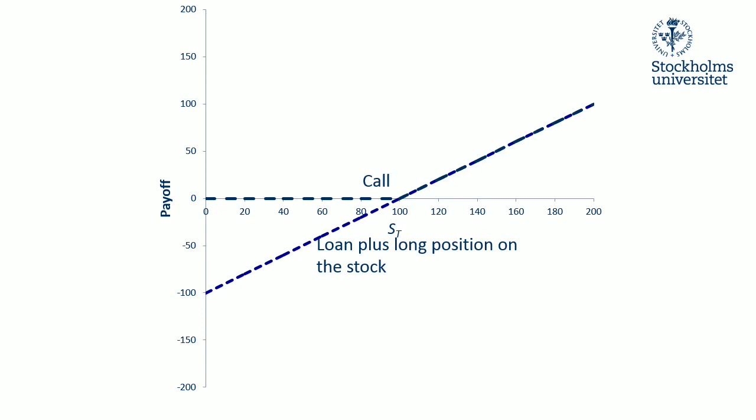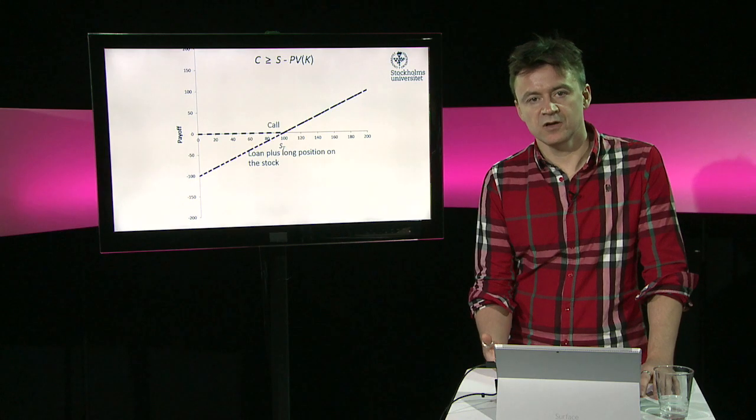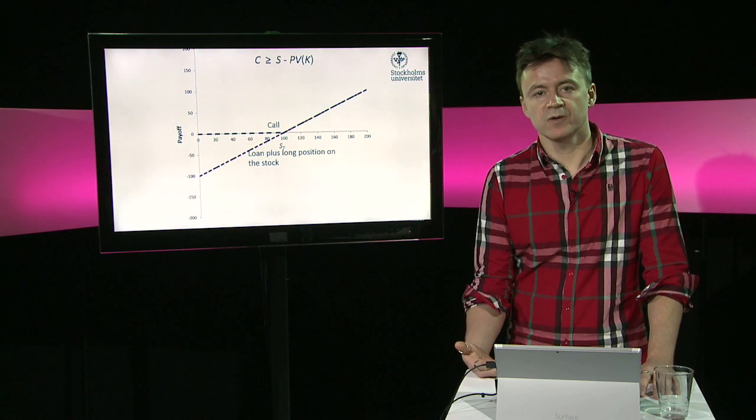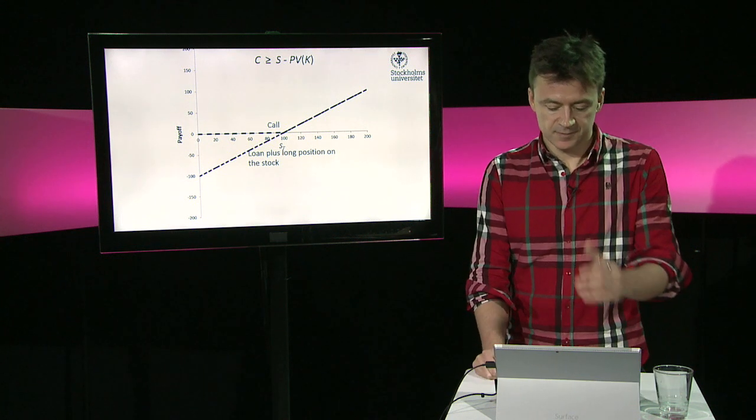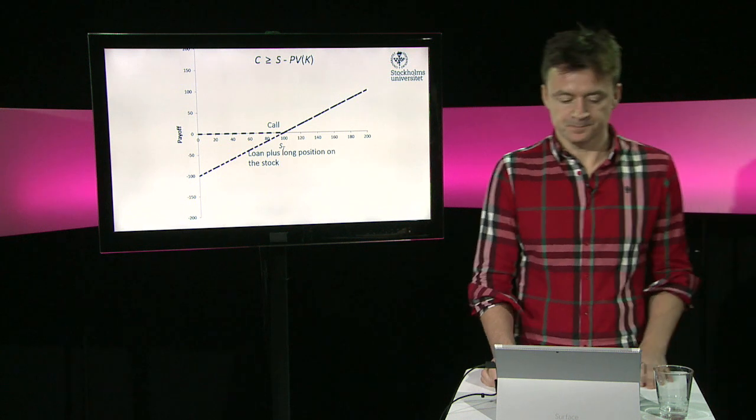And it happens to be always greater or equal than the payoff of the strategy associated with the right-hand side of the inequality. Hence, the price of the call must be greater or equal than the price of the strategy. Hence the inequality.